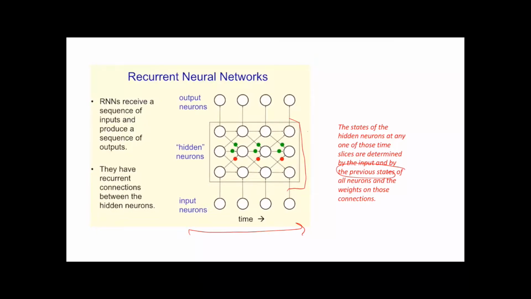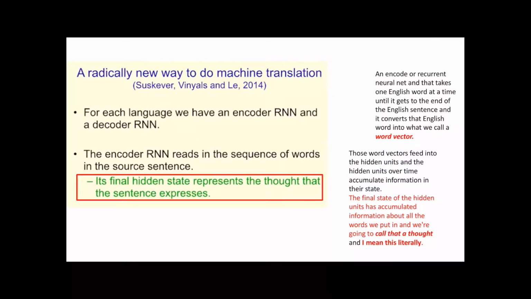So it's a tremendous amount of connectivity and computation. With each time period that you go forward, you have a new input and a new distribution of weights. So this is a recurrent neural network.